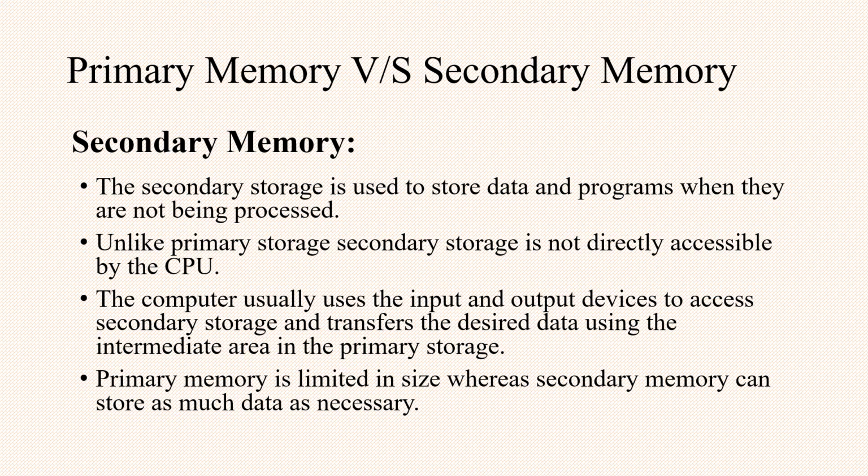It is just like a rough book, a rough workspace used by your computer to do only the processing part, only the calculations, or we can say the intermediate things. Whatever final work is saved in your computer is saved permanently, and that is always there in the secondary memory.